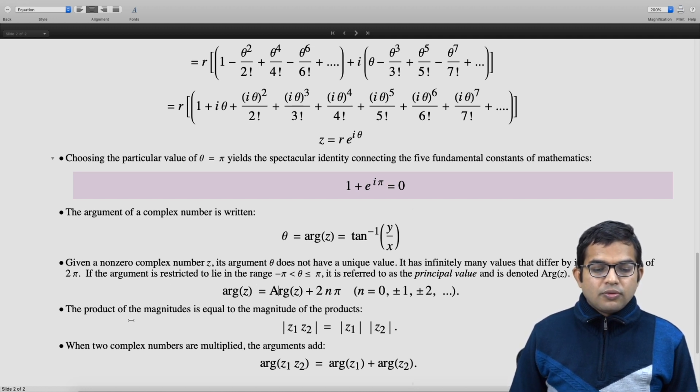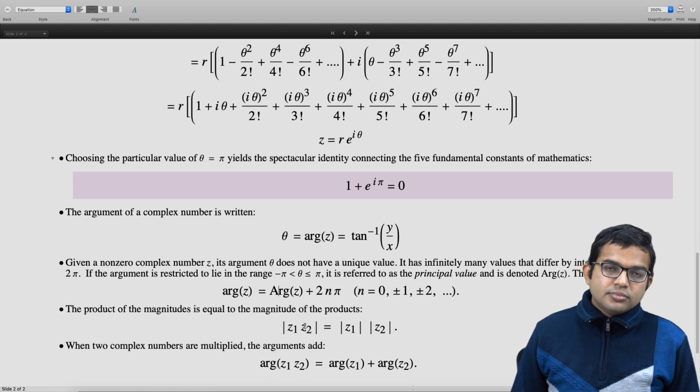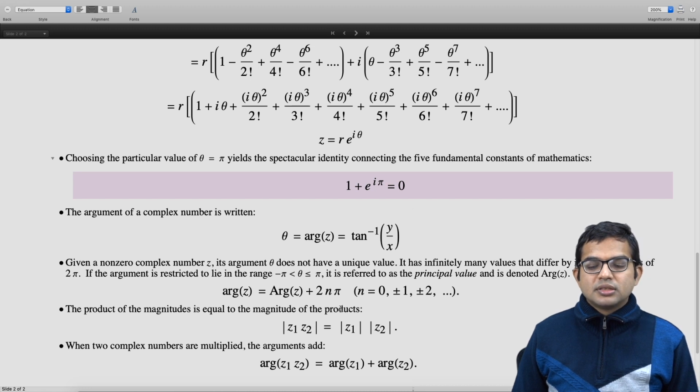Now the product of the magnitudes of two complex numbers is simply the magnitude of the product. Very straightforward. Mod of z1 times z2 is just mod of z1 times mod of z2. And when two complex numbers are multiplied, their arguments add, right? So this is the small arg. You should be careful. Capital arg may not add, because of this restriction, sometimes it does not quite add.